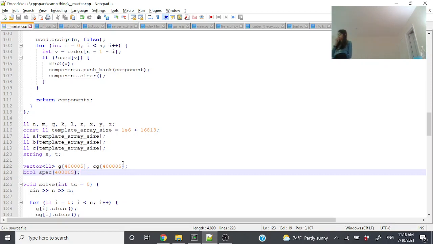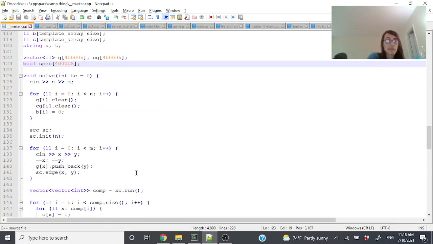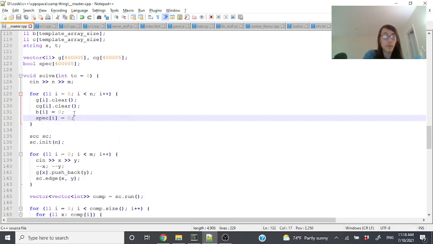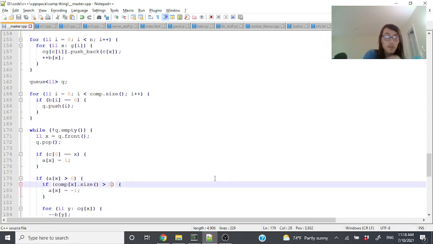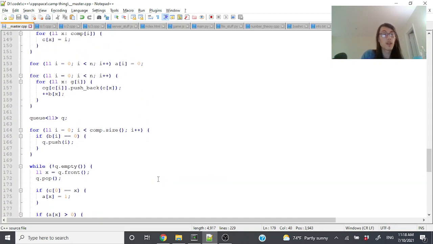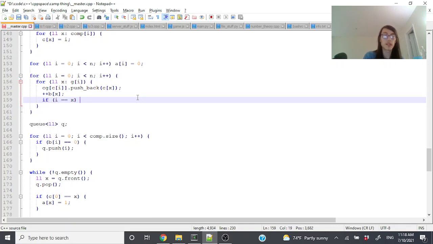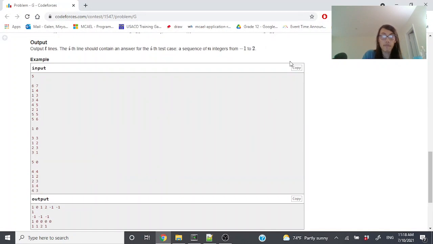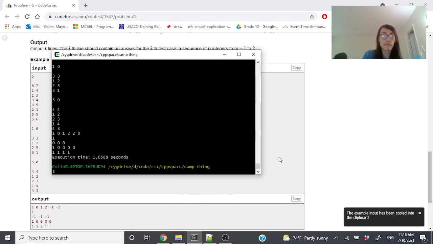If an SCC size is greater than 0, then it's special. Otherwise, spec I is equal to 0. So if I is equal to x, spec ci is equal to 1. What?